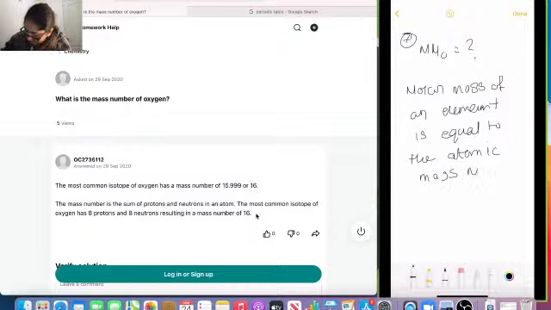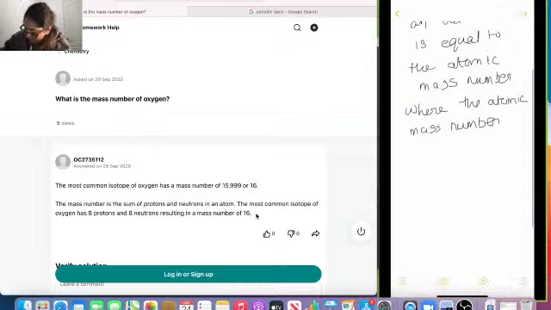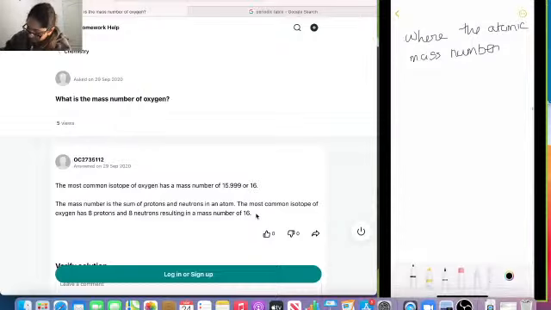where the atomic mass number consists of neutrons and protons.